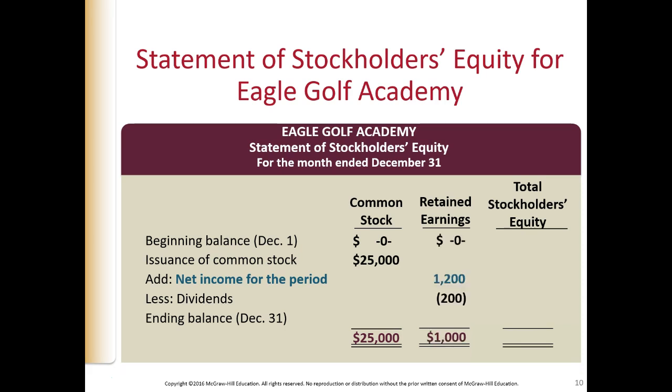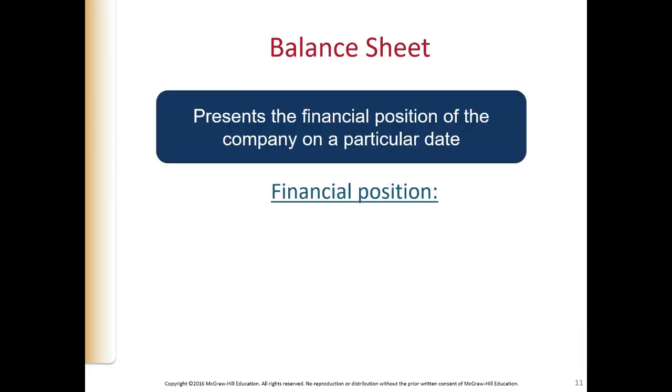Here, if this is the first year of operations, we don't have a balance in this account. But if we have net income of $1,200, that's added to the account. If we pay out dividends, we subtract that, and so we end up with $1,000 in this example. And then the far right column shows the total stockholders' equity accounts.